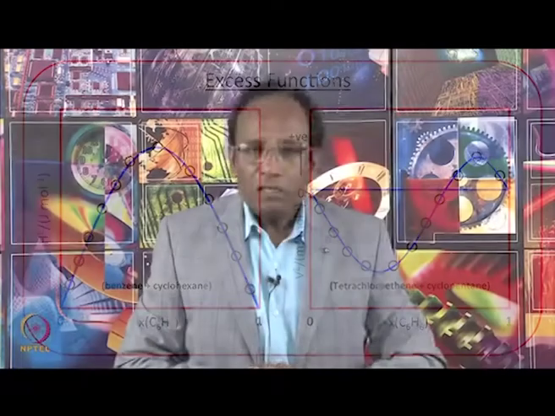So, what we have discussed in this lecture is the deviation from ideality and how to deal with the deviation from ideality. We derived the expressions for the Gibbs energy of mixing, entropy of mixing and enthalpy of mixing for ideal solutions.